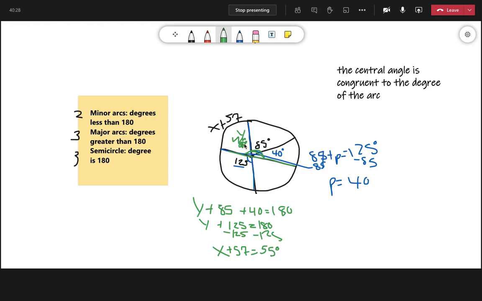So if this angle is 55, like we just discussed, then this arc, x plus 57, is going to have to equal 55, because that is its central angle. So we're going to solve for x. I'm going to subtract 57 from both sides. X is going to equal -2.